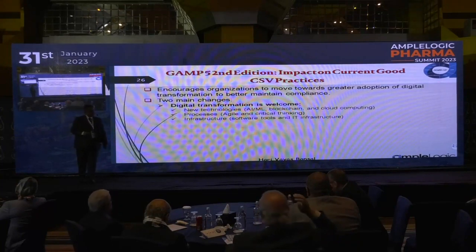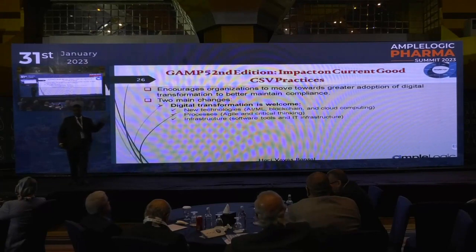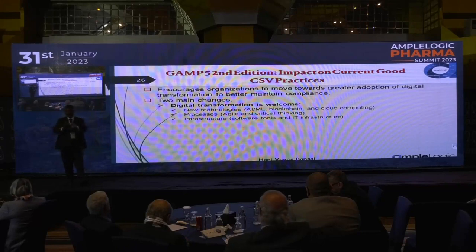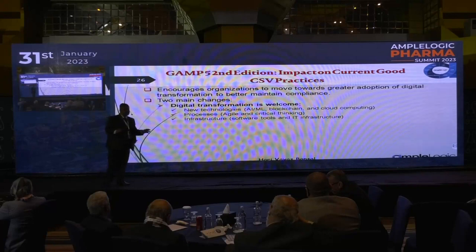So what would be the impact on your current good CSV practices? What would be the impact on your current good manufacturing practices? So there would not be, I think, encourages organization to move towards greater adoption of digital for better maintenance of compliance. It is only required to have a digitalization, but I'm not saying that manual processes are not good.